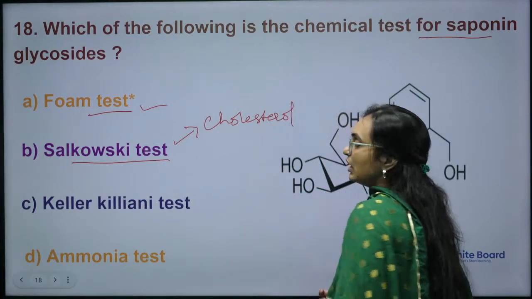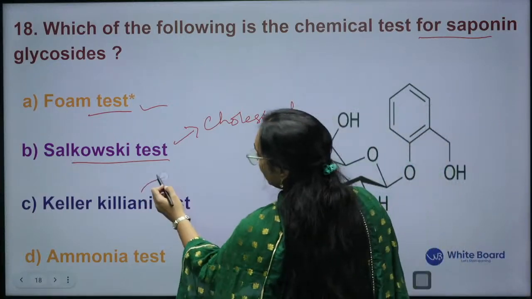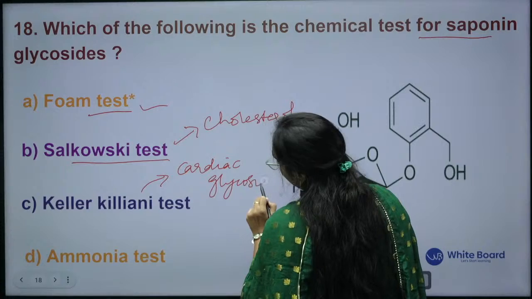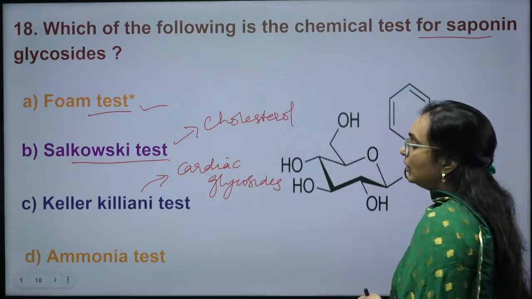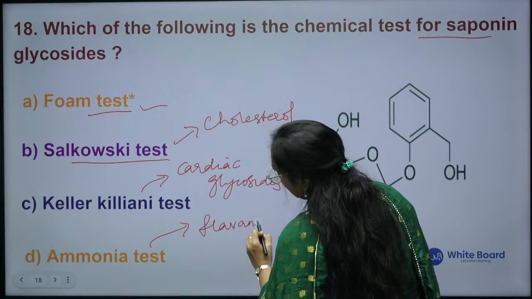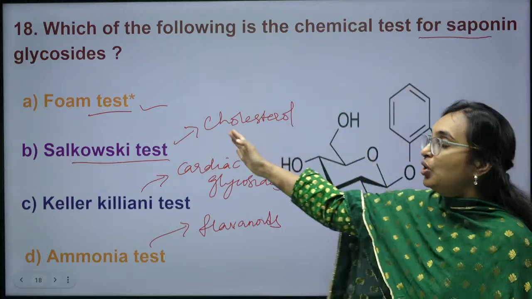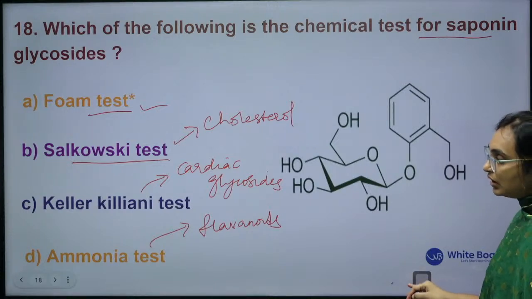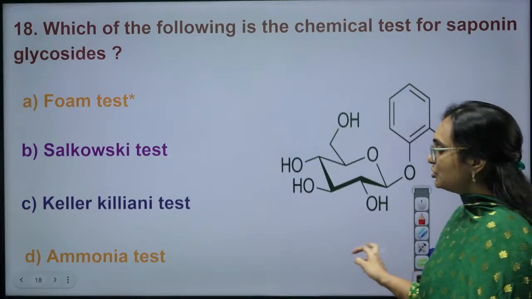The Keller-Killiani test is for cardiac glycosides. And the ammonia test is for flavonoids. Therefore, for saponins we will do the foam test. Answer is A. Next question.